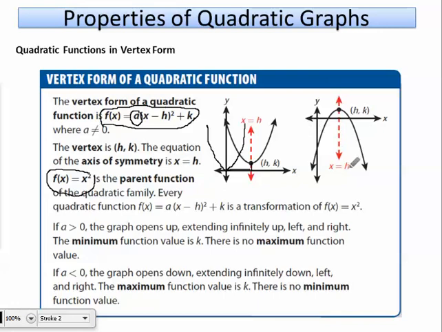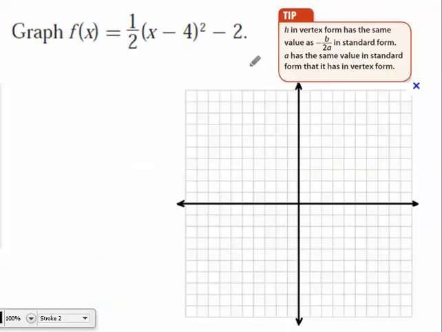If it's a negative a, it'll point down like a rainbow. So negative a, rainbow. Positive a, hook'em horns. Okay? So that's a good way of remembering which way they point.